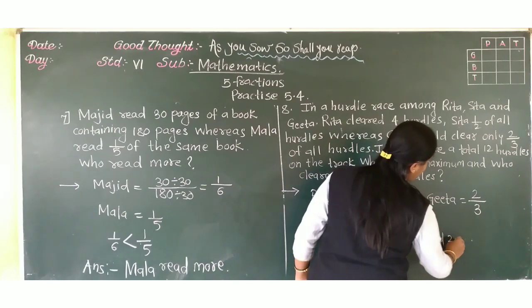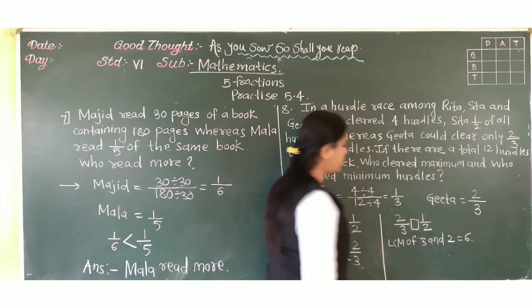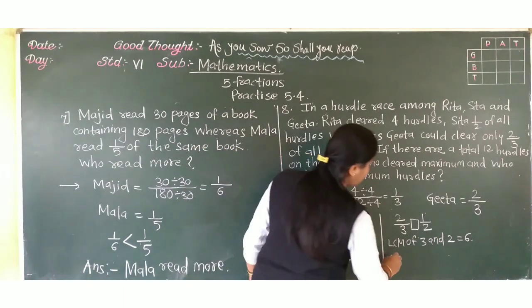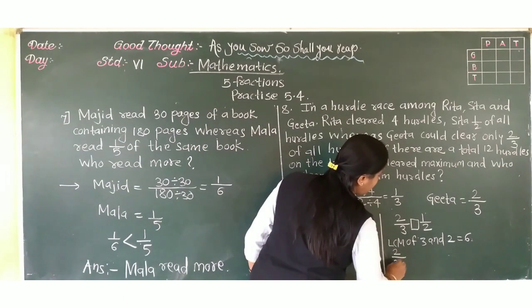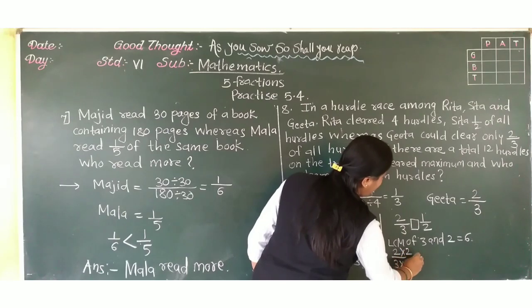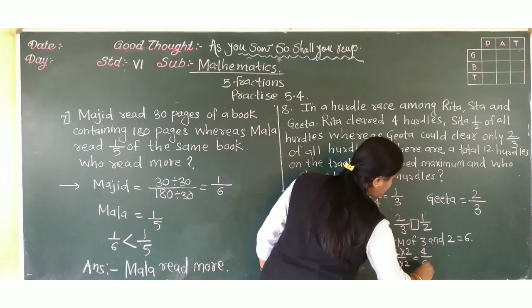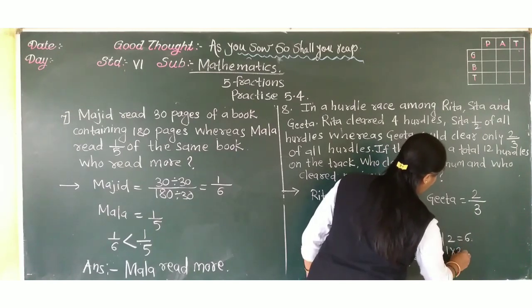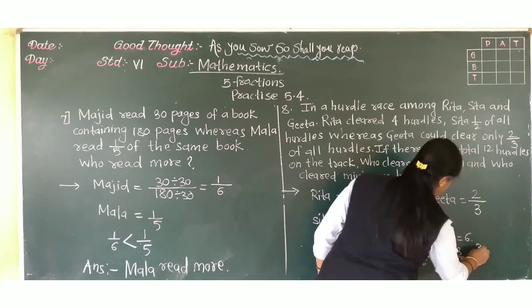It is 6. The LCM of 3 and 2 is equal to 6. So 2 into 2 is 4 upon 6. And here 1 into 3 and 2 into 3, so 6 and this 3.